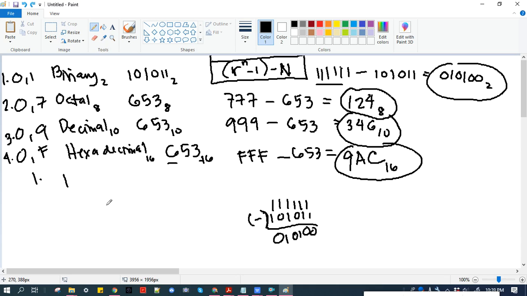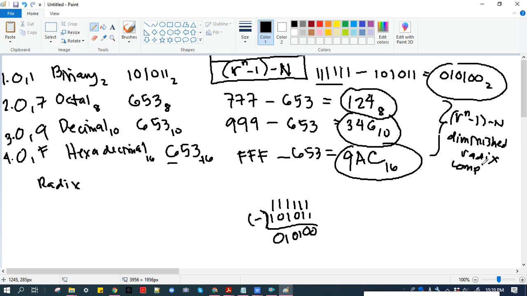Wait. Let me write it clearly. These values are the R to the n minus 1, or the diminished radix complement. We will solve them.